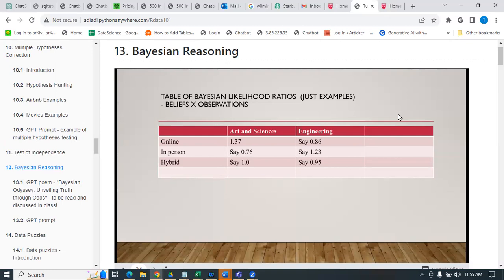If you're in engineering, it actually decreases your preference for online to 86%. On the other hand, for in-person teaching, engineering students are 23% more likely to believe in it than arts and sciences students. I think this version of the contingency table, or a Bayesian table, is far more convincing and explanatory, because you know whether the odds are increasing or decreasing.